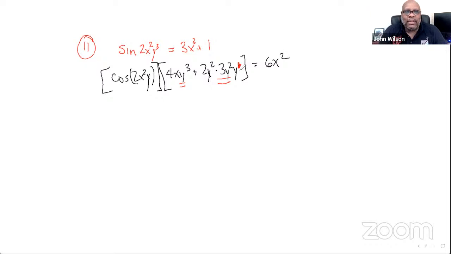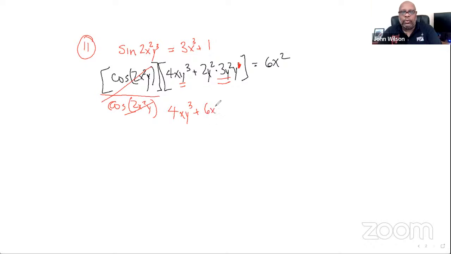So now we got to get that term I was just talking about by itself. So the first step is to divide both sides by cosine. So these will cancel. And I got 4xy cubed plus 2y squared. Let's go ahead and put those together now. Save a step. 2 times 3, right?